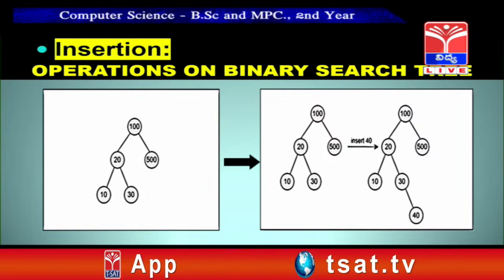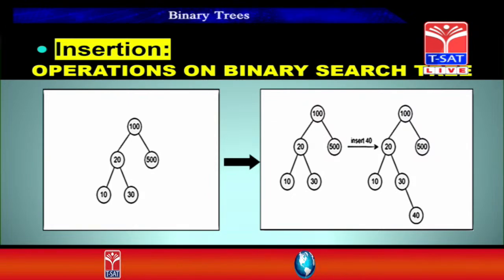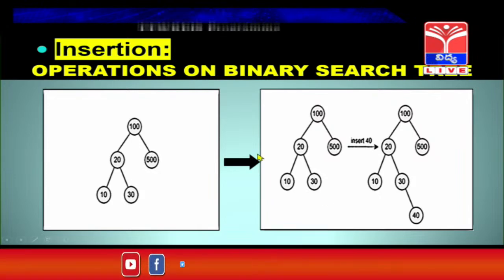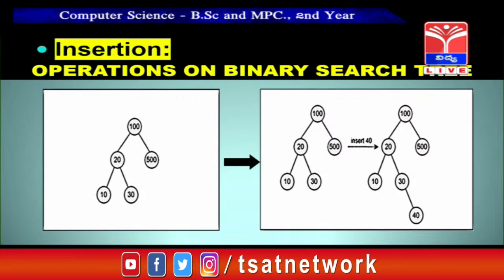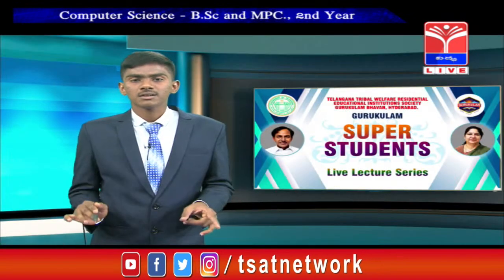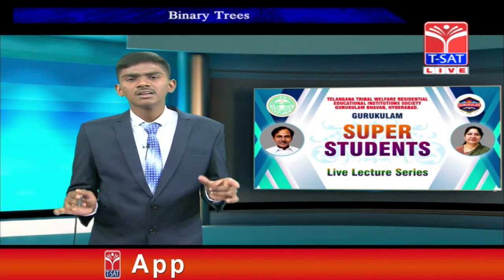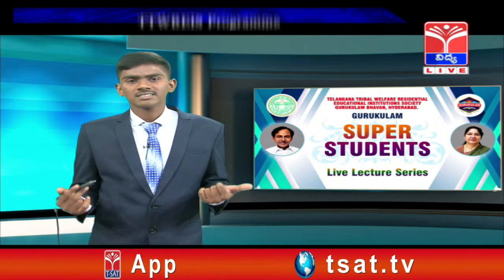I compare the element 40 with 30. 40 is greater than 30, so now I go to its right side, and there is no element to compare. So I place the element 40 at that place. So this is the insertion operation which we perform on a binary search tree.